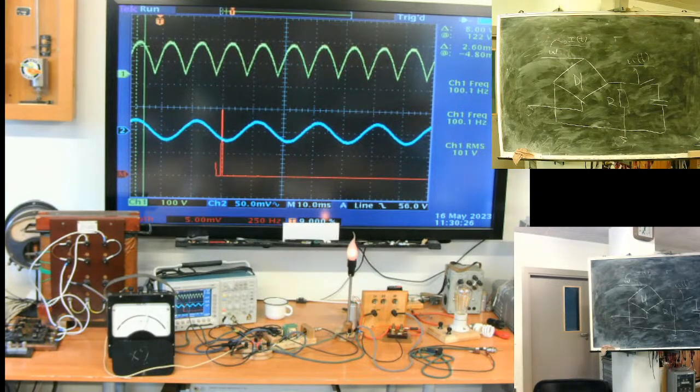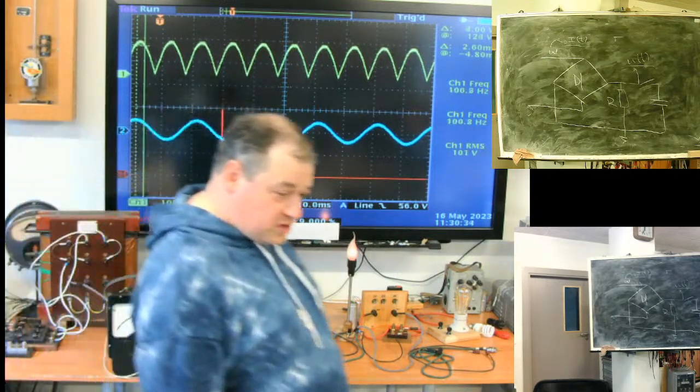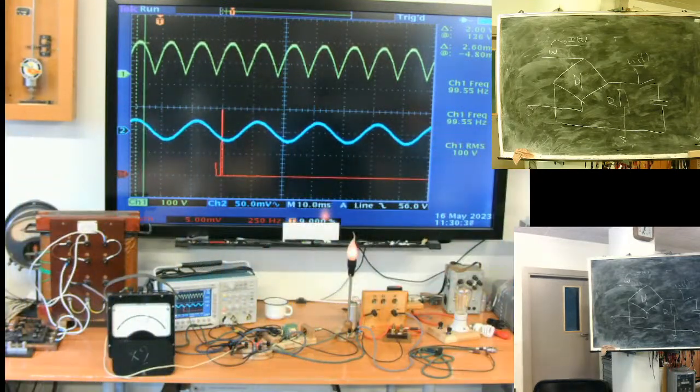Who has studied power electronics? Who knows how a bridge rectifier works? Do you know how a bridge rectifier works? No, I'm asking one particular person. Yes, you. A bridge like this? Yeah, a bridge like this with four diodes.